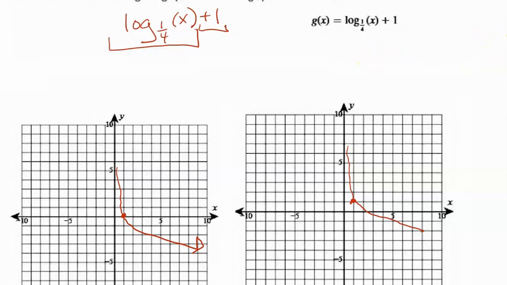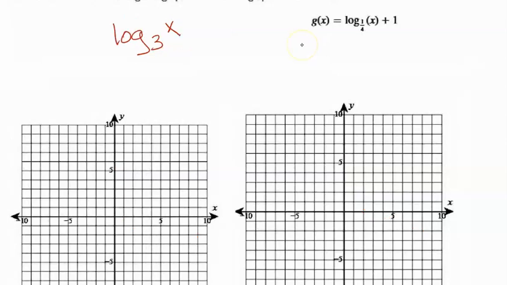And while we're here, just to give a little more example, what would this one look like? Well, here we see it's a whole number greater than 1. So it's going to go through 0. When x is 1, it'll go through 3 here, and then later 9, and 1/3.